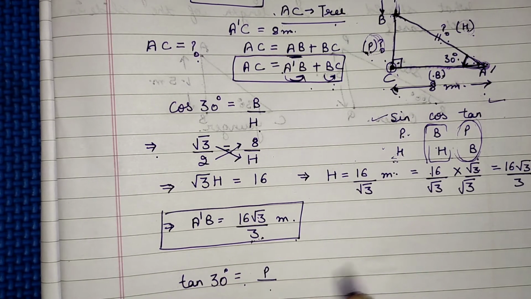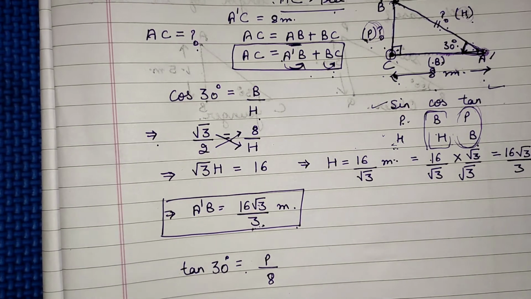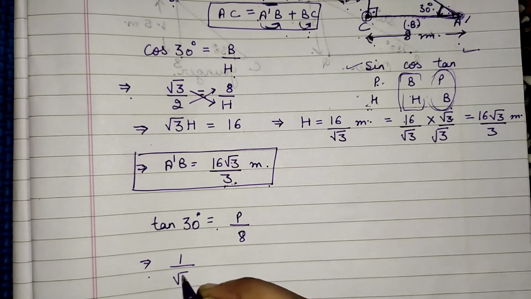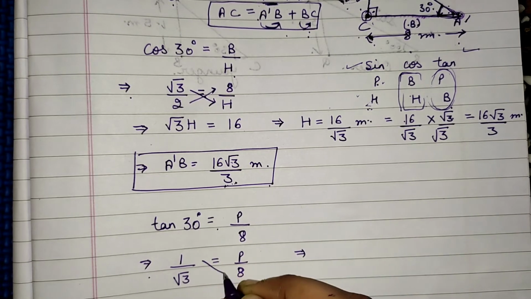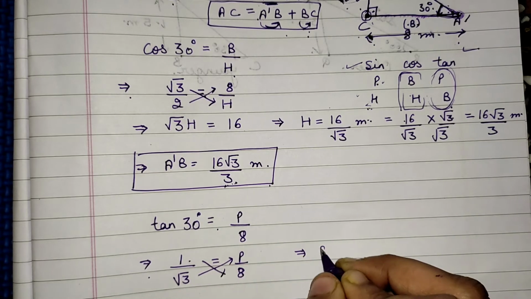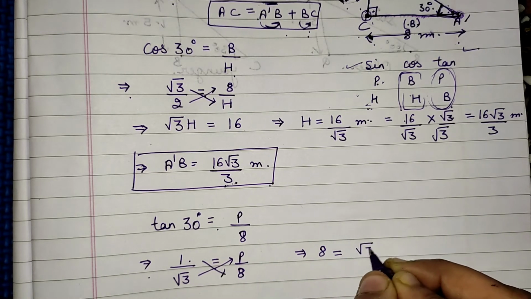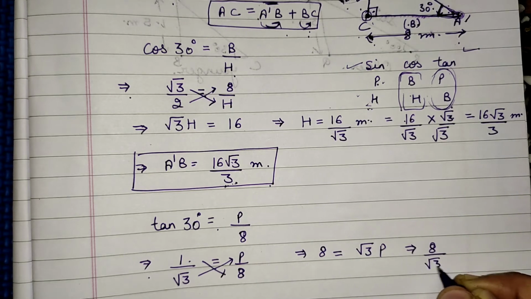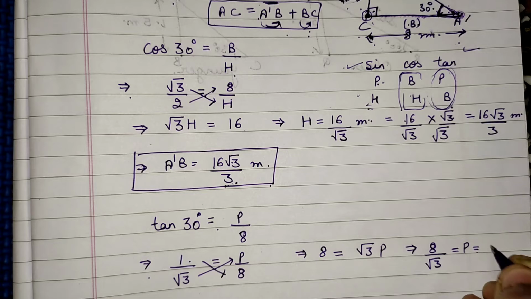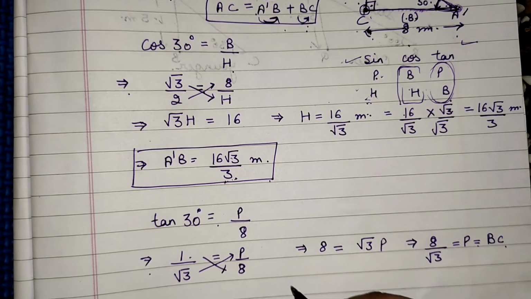Okay, so tan 30 is what? Perpendicular by base. Base is my 8. So put the value. 1 by root 3 is equal to perpendicular by 8. So if you will do cross multiplication, then 8 is equal to root 3 into P. So 8 by root 3 will be my perpendicular, and perpendicular is my BC.